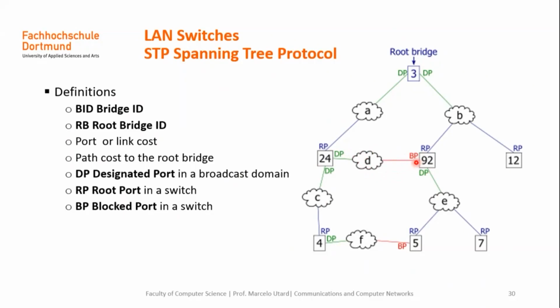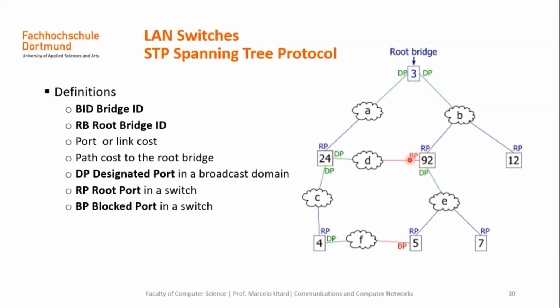the designated port. Why? Because, in this segment, this port sends a BPDU that says that the root bridge is 3, the root cost is 1, and the bridge ID is 24, and this is better than the BPDU sent by this port that says that the root bridge is this one, the root cost is 1, but the bridge ID is 92.